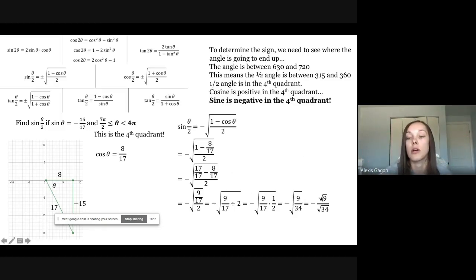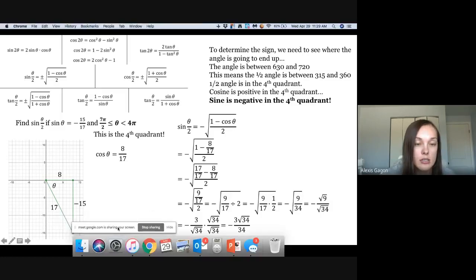So that's going to be square root of 9 over square root of 34, which square root of 9 is 3 over the square root of 34. Then we just have to rationalize it. So multiply by that square root of 34 to top and to bottom. And you get negative 3 square roots of 34 over 34.